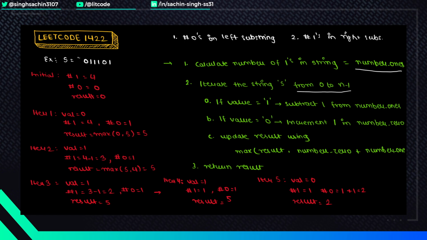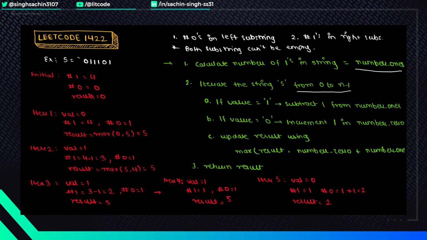So these are the two values which I'll have to keep track of. And there is one more point, both substrings cannot be empty. So these are the three things which you'll have to consider.